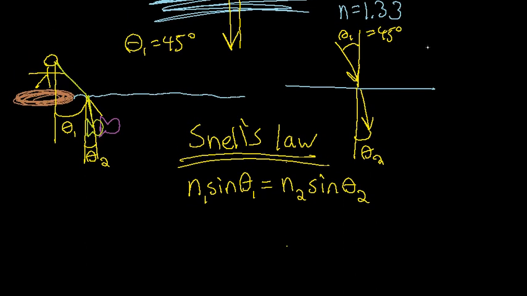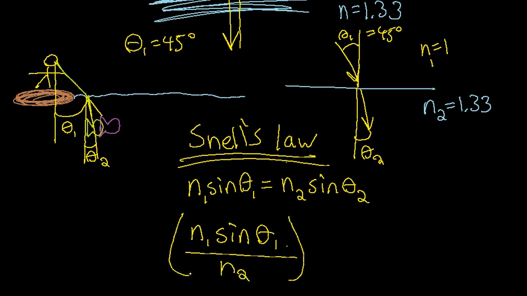So here n1 is 1, here n2 is water, which is 1.33 index. So we actually have all the info we need in order to solve for this theta here, to solve for the refraction in the new material. To do that, first we need to divide both sides by n2, because we're solving for theta 2.